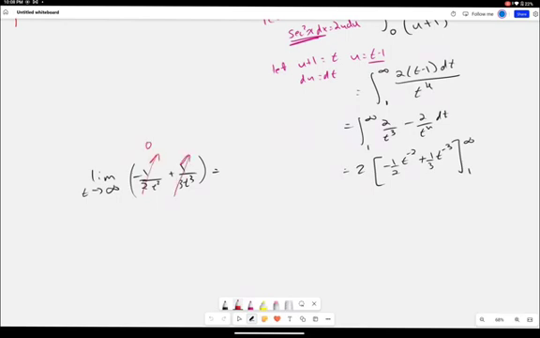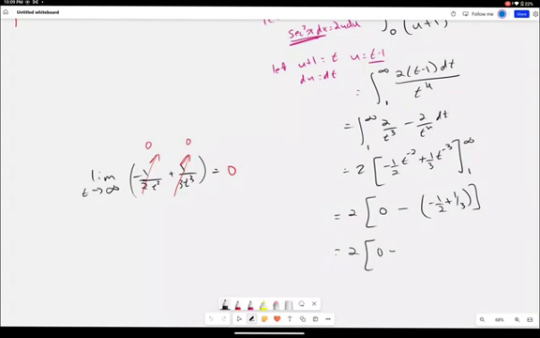Same thing right here, heads towards 0. So the limit of this function is actually 0. So I'll write that in. Zero minus, now just plugging in 1, that's negative 1/2 plus 1/3.